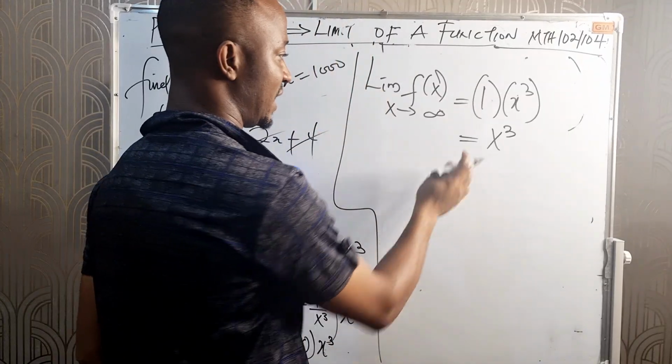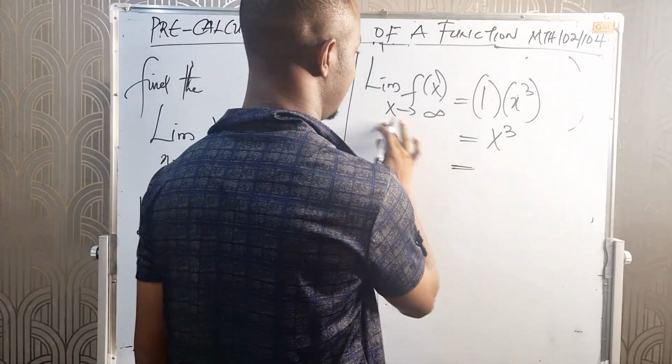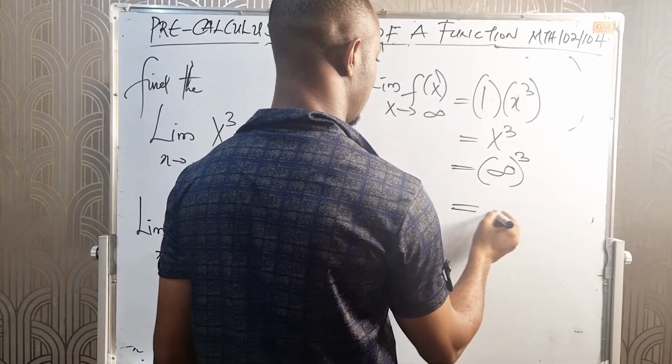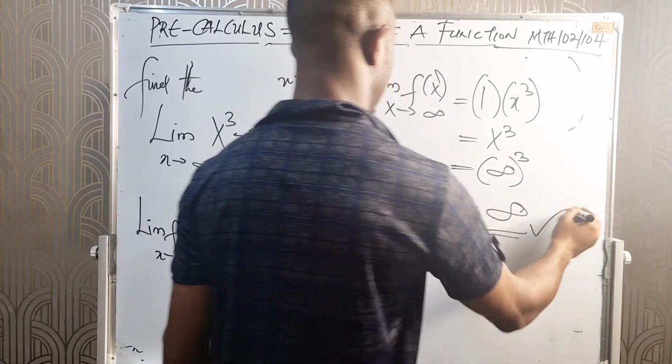So what do we do at the end of this? I have to put my value of infinity as infinity to the power of 3. The answer is what? Somebody? Infinity. That is the answer to this.